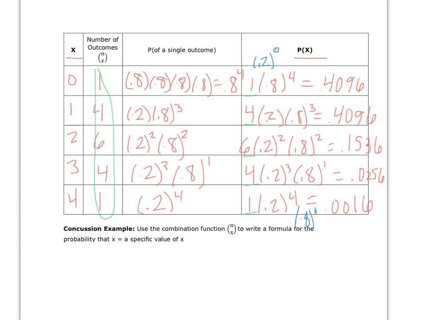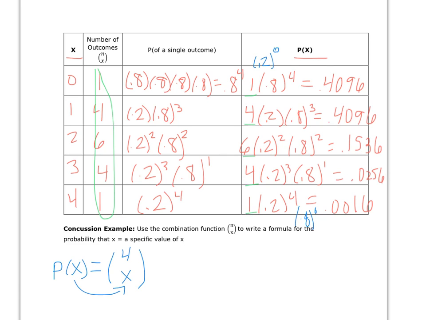If we start to build the formula, the probability that x is equal to some value, the first thing that shows up is that combination, starting with 4 in each of the cases, and what we plug in for the x is whatever x is equal to. If we're writing it in formula form, we'll just leave it as x, and then when we use it, we plug in whatever value we're looking at.